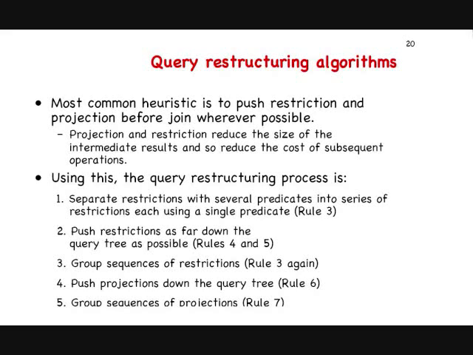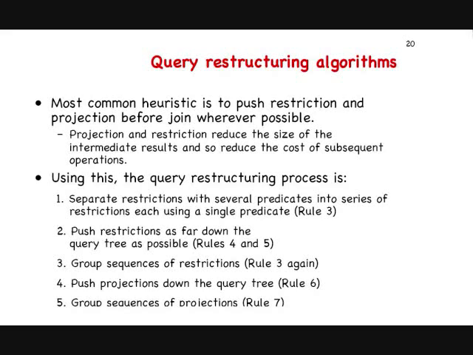Right. Okay. So what we usually try and do is push restrictions and projections before joins. Restrictions and projections usually get rid of more intermediate results.